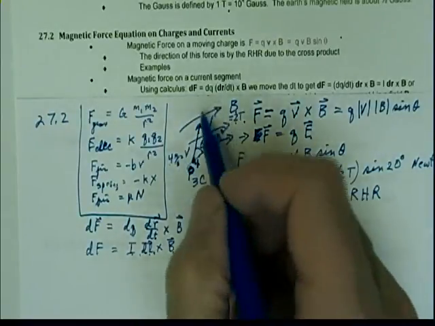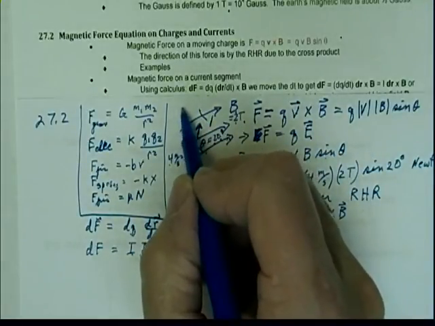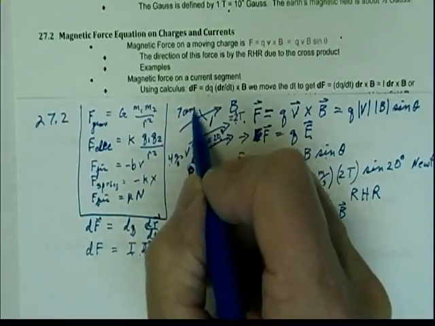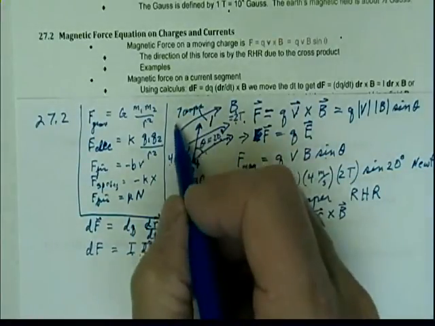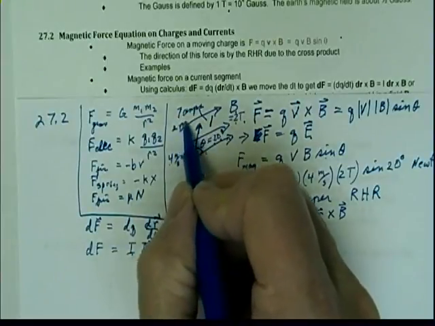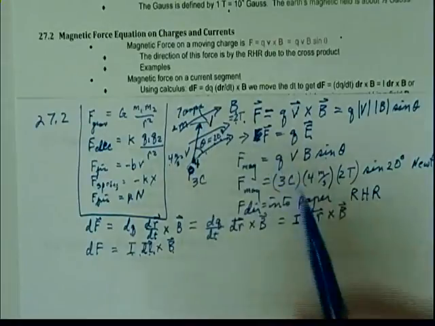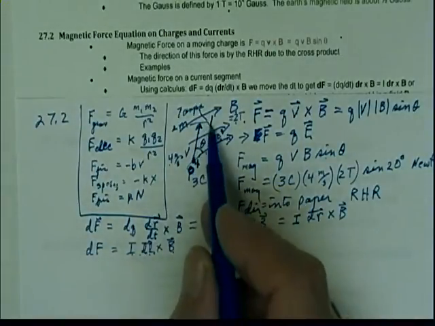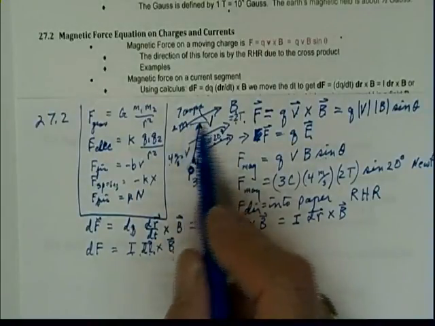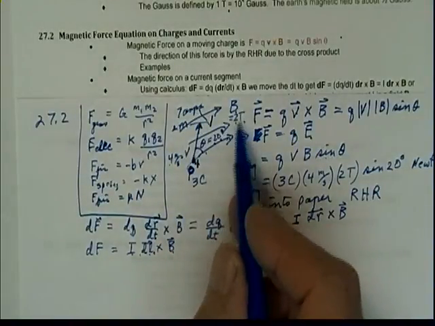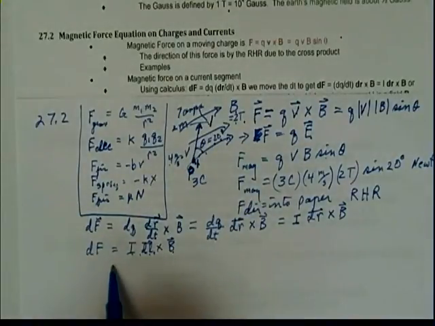We don't have a velocity now, but what we have is, let's say, 7 amps flowing in this little wire, and this little wire has a length of, let's say, 2 meters. That's kind of a long wire, but forget that for the time being. And so what would be the force on this wire carrying 7 amps that's 2 meters long in a field of 2 teslas that's at an angle of 20 degrees with respect to the magnetic field?